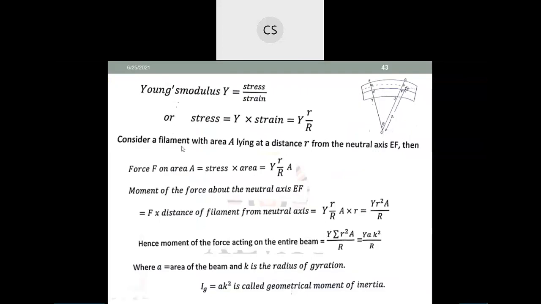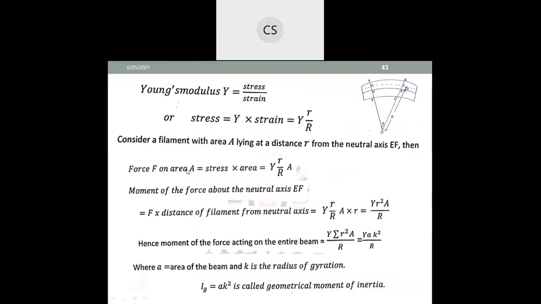So what are we talking about? Consider a filament with area A. We are talking about the DC filament, this filament.